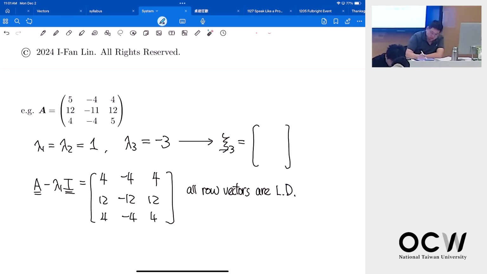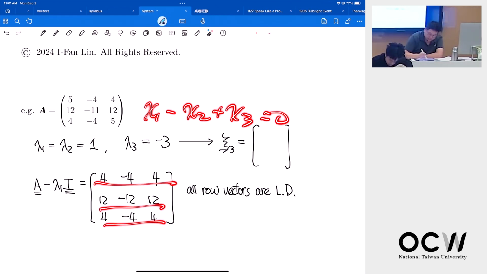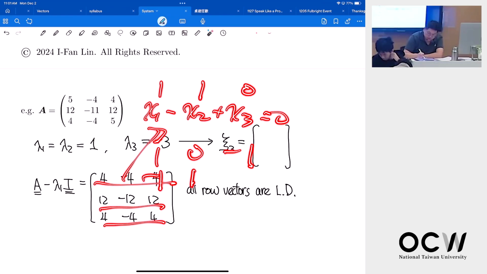But we still need to make this equal to 0, like x1 minus x2 plus x3 equals 0, right? So we can either choose like (1, 1, 0), (1, 0, -1), or (-1, 1, -1), (0, 1)... They all satisfy this equation.